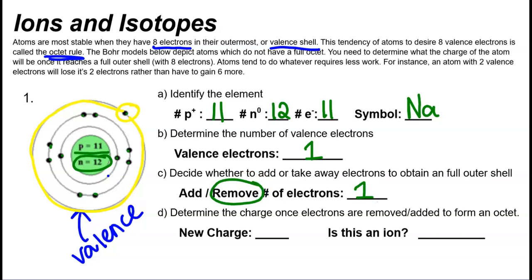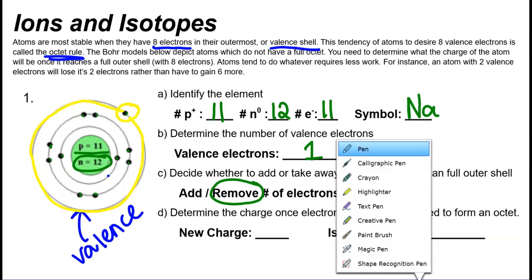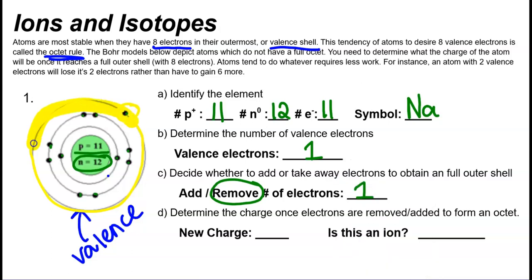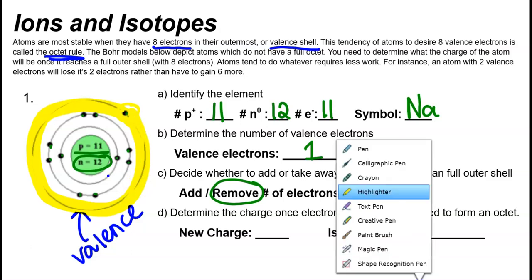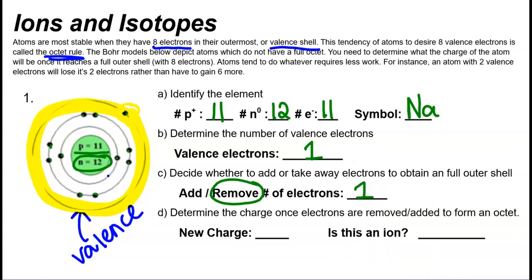When we do that, this outermost shell is no longer the outermost shell. Now, our next shell in is our outermost shell. This green shell here is now our outermost shell.